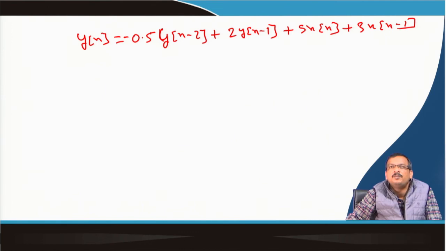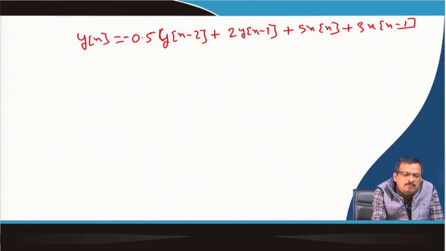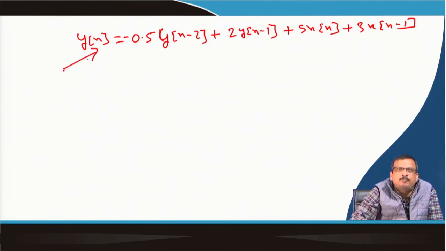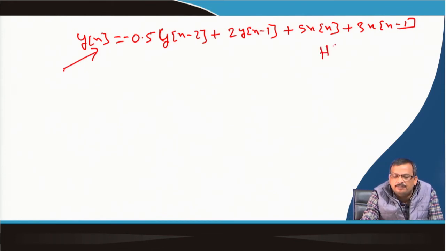This is my equation representation of y n. Derive the transfer function of this system, the system which produces y n, find H z.